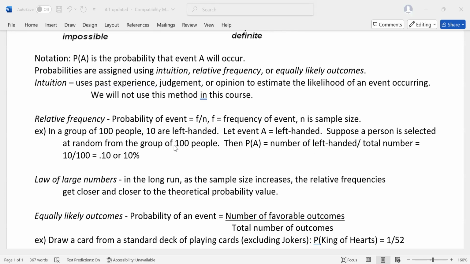Suppose a person is selected at random from a group of 100 people. Then the probability of A, the probability that they're left-handed, is going to be the number of left-handed people divided by the total number, which is going to equal 10 divided by 100, or 0.10 as a decimal, or 10% as a percent.